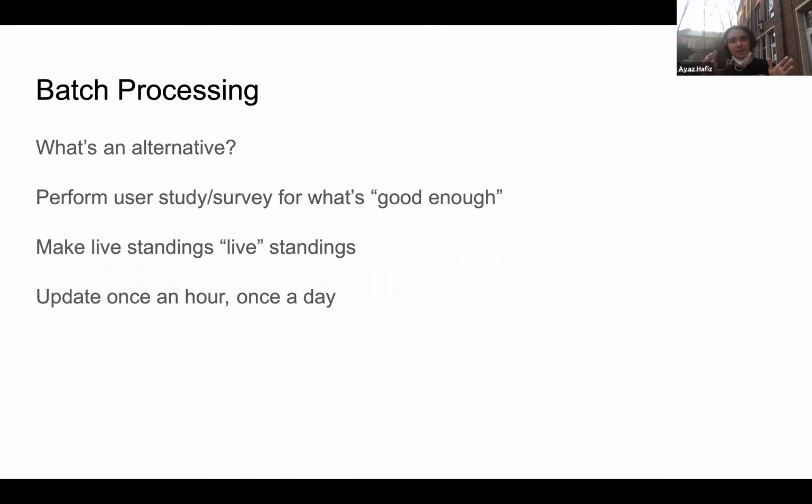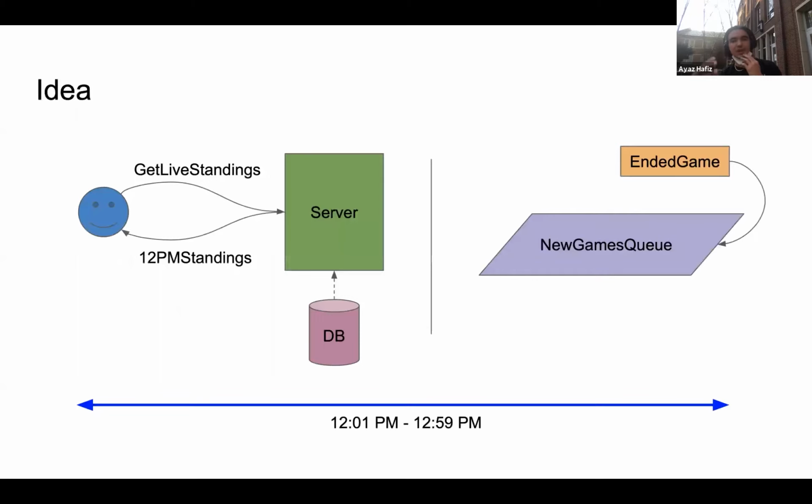So maybe instead of updating every time someone finishes a game, we can update it for everyone once an hour or once a day or something. Here's one idea of how to do this. When someone asks the server, "Hey, what's my rating?" you just say, "All right, these are the ratings that I knew."